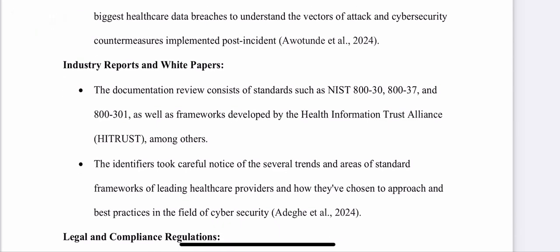Industry reports and white papers. The documentation review consists of standards such as NIST 800-30, 800-37, and 800-53, as well as frameworks developed by the Health Information Trust Alliance, HITRUST, among others.